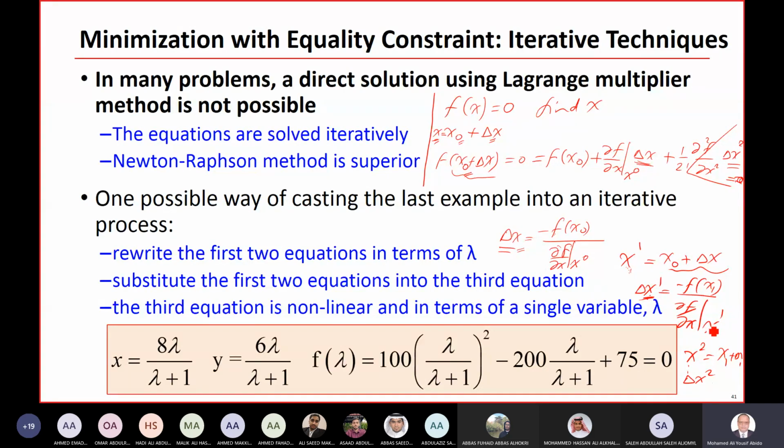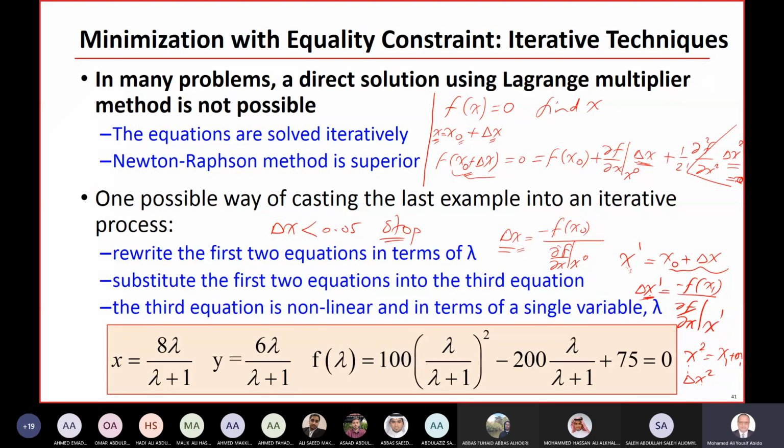Then we add delta x2 to x2 and you can get x3, and you can iteratively move closer and closer to the final solution until, of course, you reach a certain threshold. Then you can say, for example, if delta x becomes less than 0.05, we can stop the iteration.